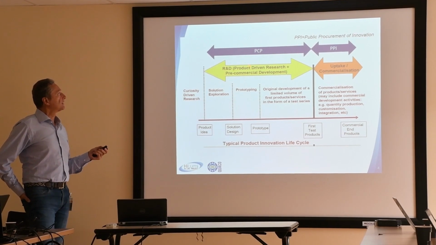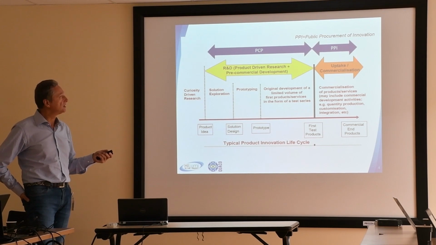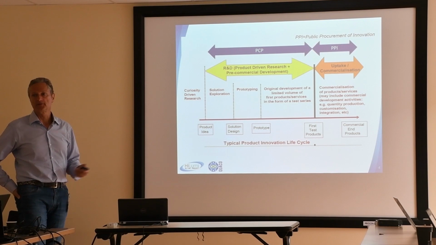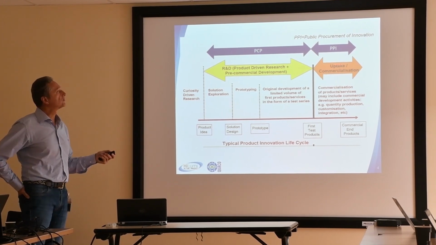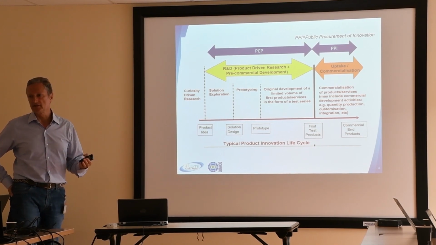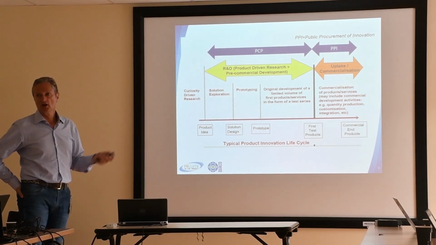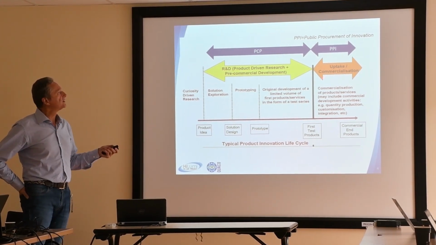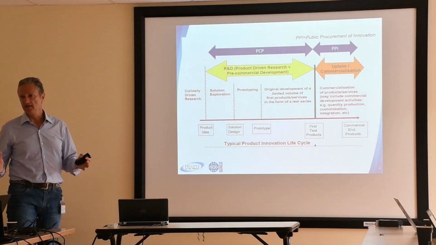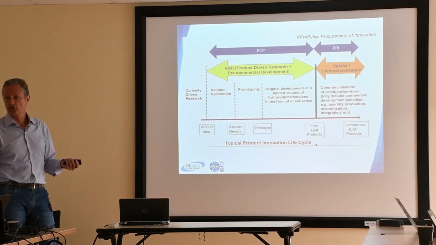So the companies that participate in the PCP can participate in the commercialization of the product that they have helped to develop. Of course, they will have a competitive advantage because they have been working in this phase on the research and development of a product. When this product happens to be on the market, they will be advantaged. But that's life. That's the market. It's good this way.